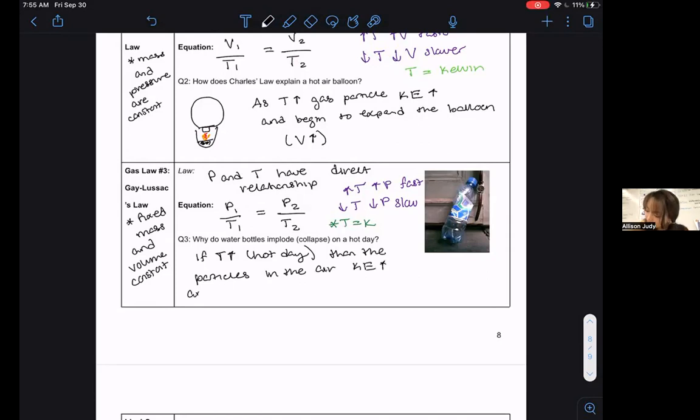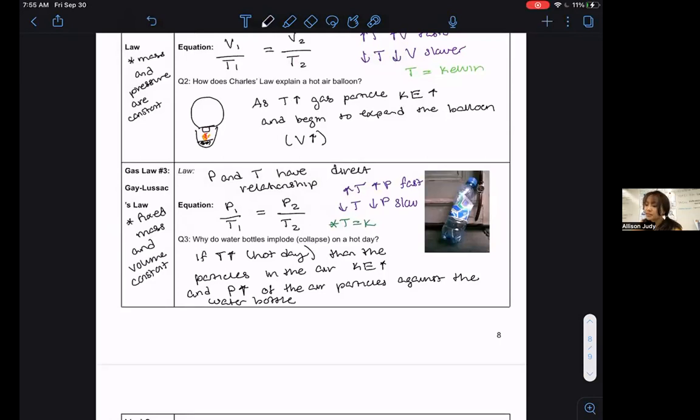And that increases the pressure of the air particles against the water bottle.